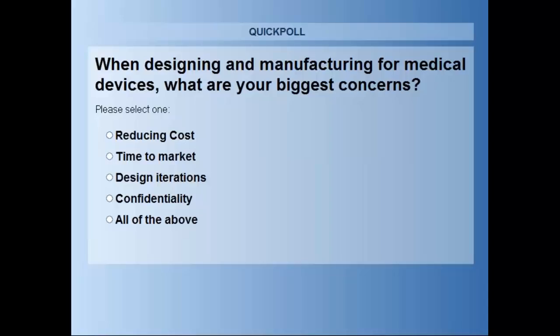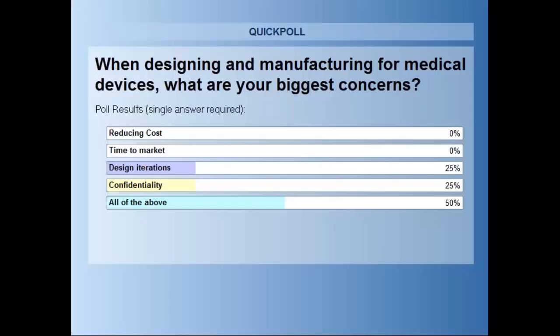Whether it's reducing costs, everybody wants to do their job with less money. Maybe increasing time to market. Yeah, I would expect time to market is going to be important, but to me they all are important, but I'm wondering which one might be the most important. Yeah, maybe several design iterations. All right, looking at the answer, all of the above was the clear winner, but design iterations and confidentiality are right there.